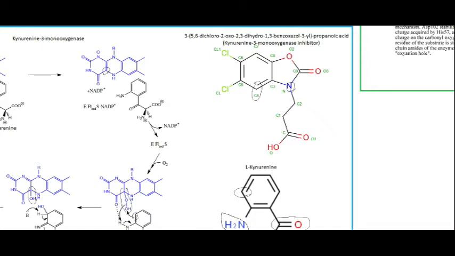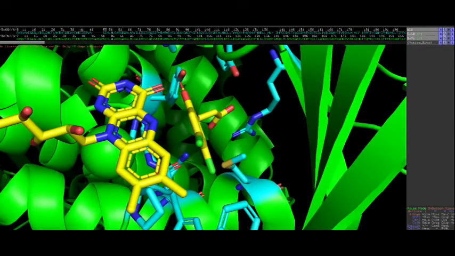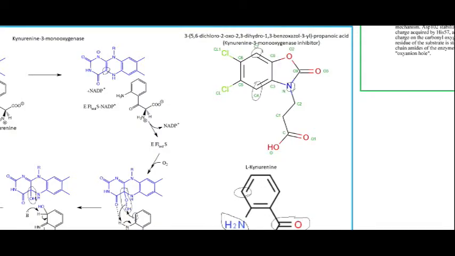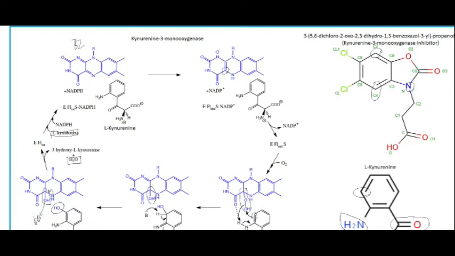But in the structure, it looks like this carbon is actually being brought closer to the FAD in here, where we can see that it is actually this carbon, which is similar to what this carbon is like.